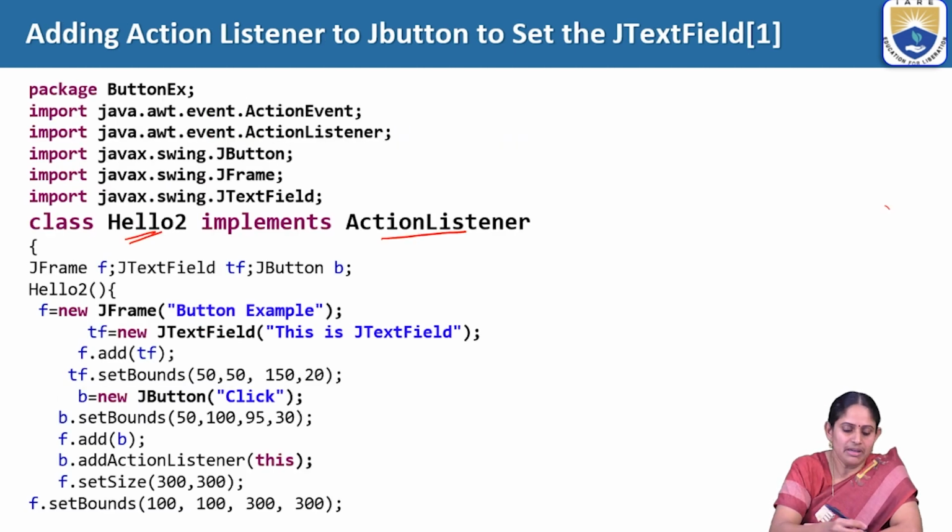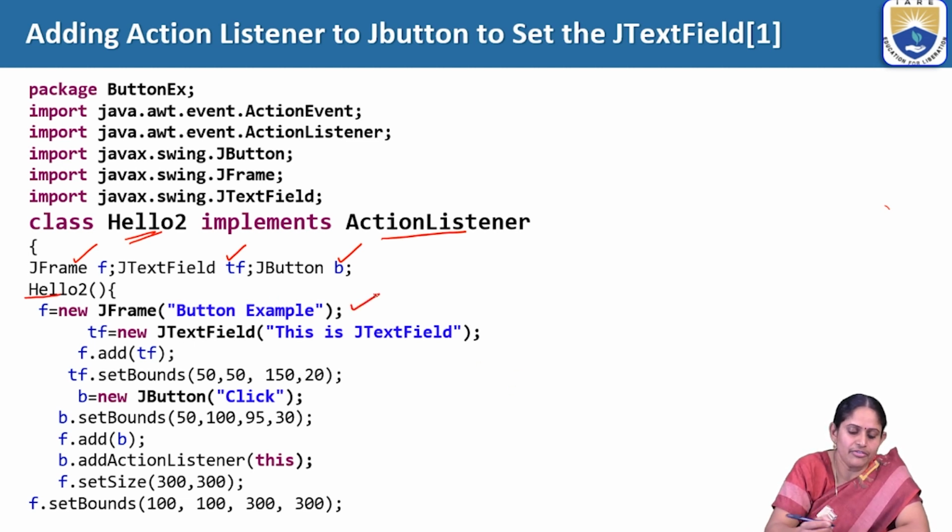So in our example, we are making use of a frame on which we will be placing our text field and button. We have a text field to write our message, and a button for having the action done. Inside our constructor, we are doing our work.